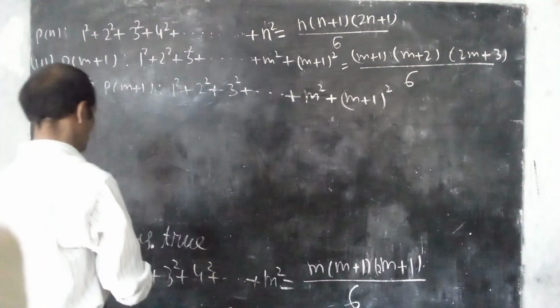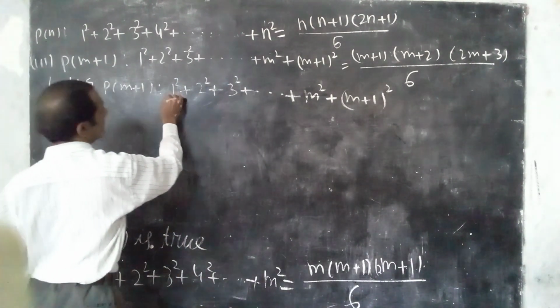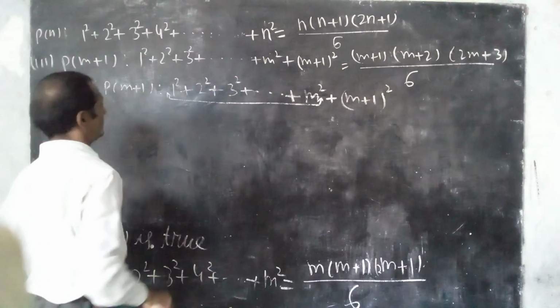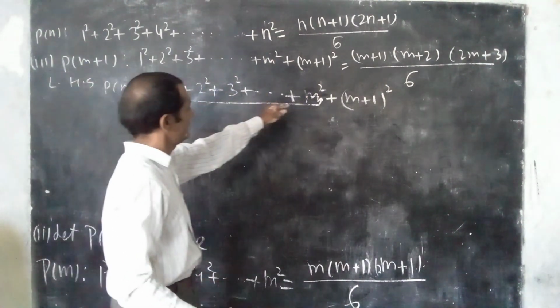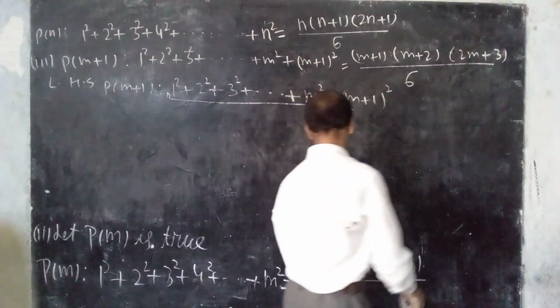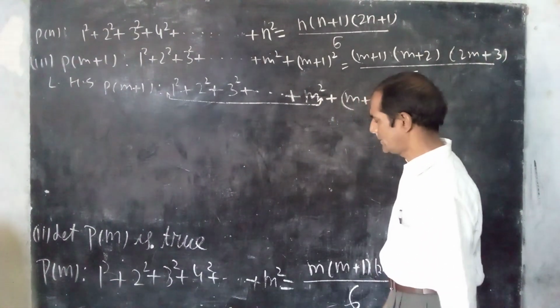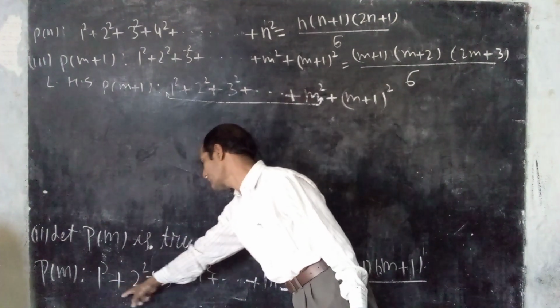We know 1 square plus 2 square plus 3 square plus up to n square equals this, the sum of squares of the first n natural numbers.